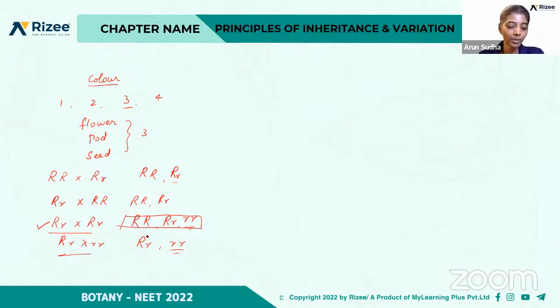In case of incomplete dominance, the monohybrid ratio of phenotypes in the F2 generation is 1:2:1, 3:1, 9:3:3:1, or 2:3:1? Yes, it is option A, that is 1:2:1.